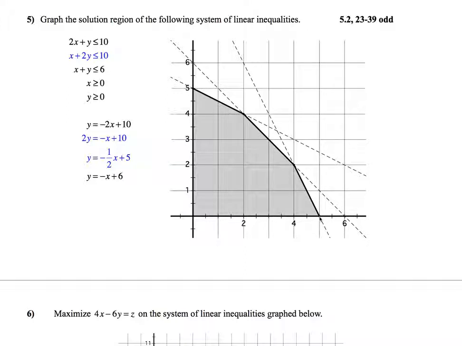And then the slope is going to be -2, and so that means that you would go down 2 and over 1.